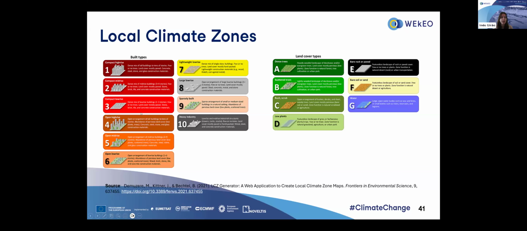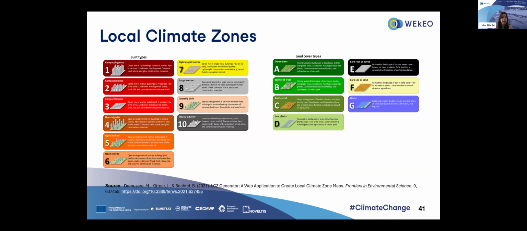Continuing. Here you see a complete classification scheme of the local climate zones. This system was initially developed by Stewart and Oke. So they provide a standardized typology to describe the urban and natural environments, as I was saying.